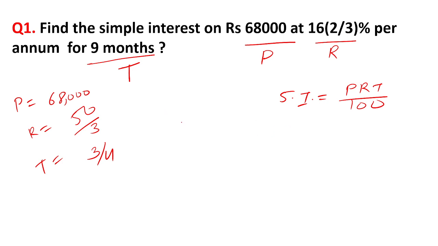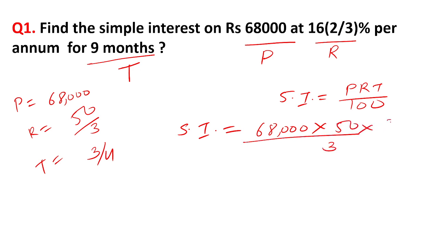So what is the formula for simple interest? Simple interest equals P, which is 68,000, multiplied by rate, which is 50 divided by 3, into time, which is 3 by 4, divided by 100. So we will just divide this.